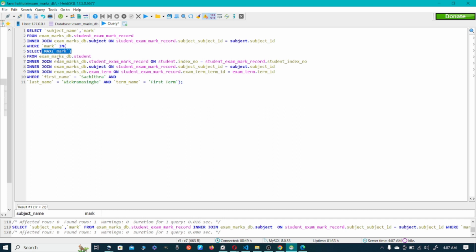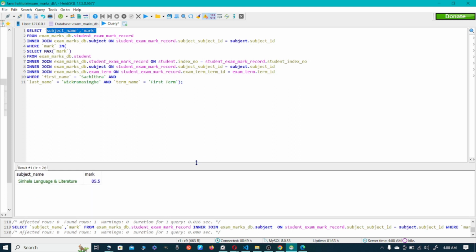From that max mark that we have derived, we have obtained its subject name and that mark. I have executed the query and I will show you. So this is the subject and the respective mark of that subject: 85.5. The subject is Sinhala language and literature.